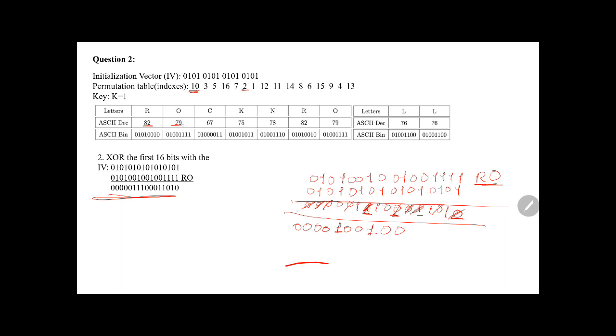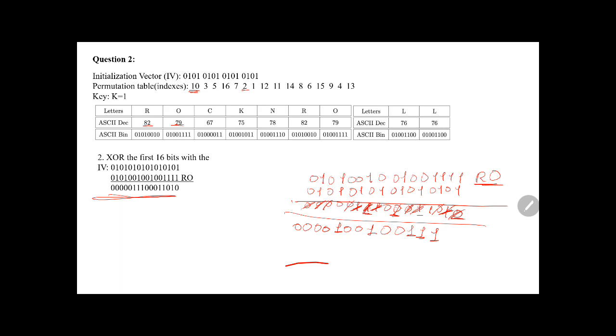And then 8, which is this one, I'll cross it and take it here. Then 6, which is this one, cross it and take it here. And then 15, which is this one, I cross it and take it here.